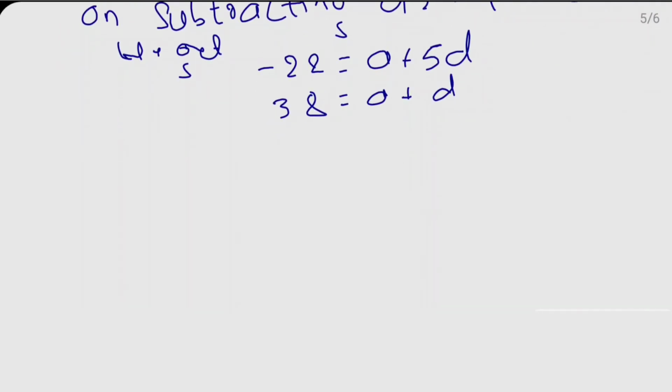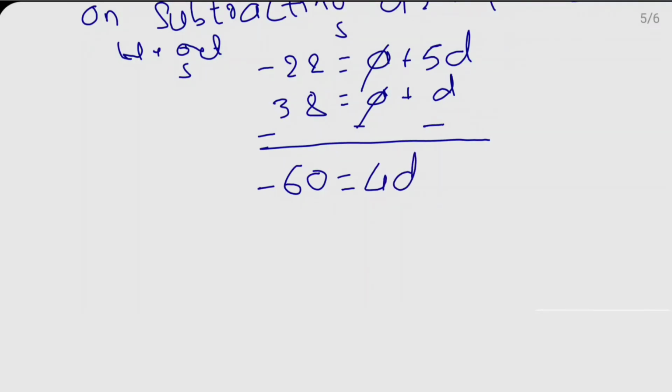So now here subtracting means the opposite symbol. So here -22 and -38 become -60. So this equals minus a plus a gets cancelled and 5d minus d is 4d. And now 4 ones are 4, 15s are 60, so d equals -15.